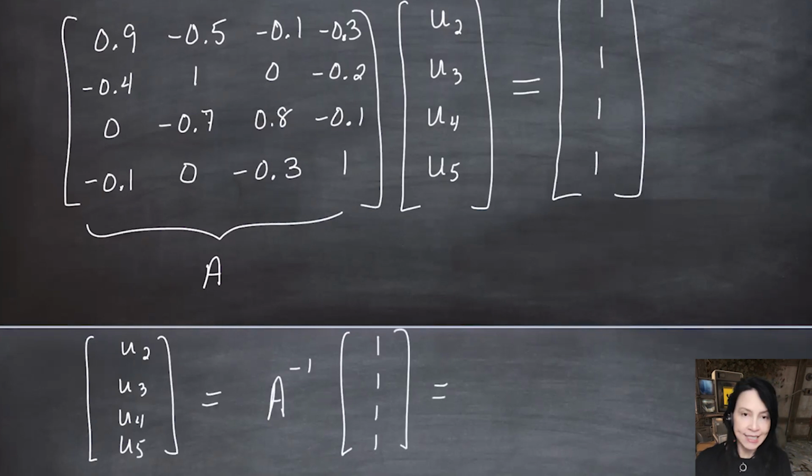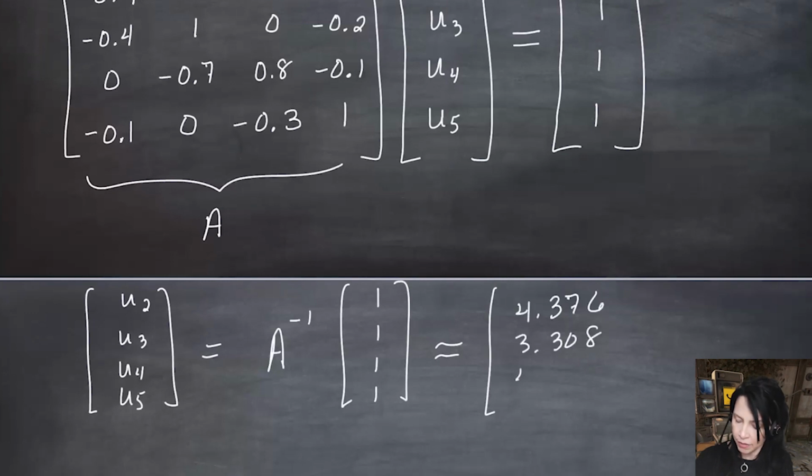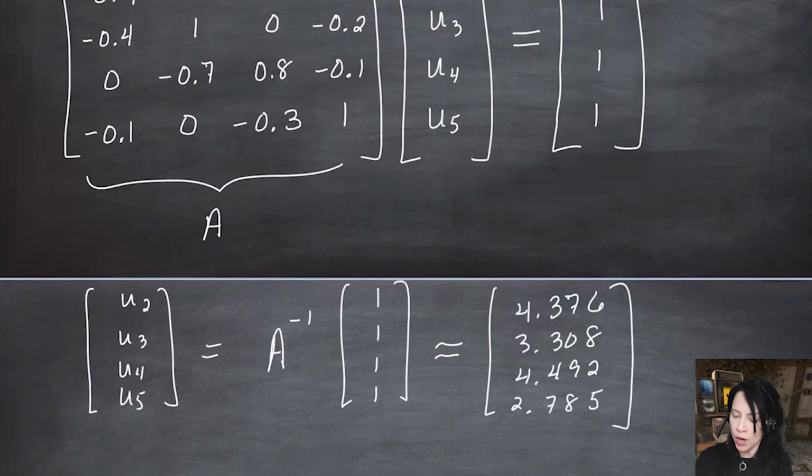And so I did that, and I got approximately, with a little rounding, 4.376, 3.308, 4.492, and 2.785. What we wanted was U2, so there's our final answer.